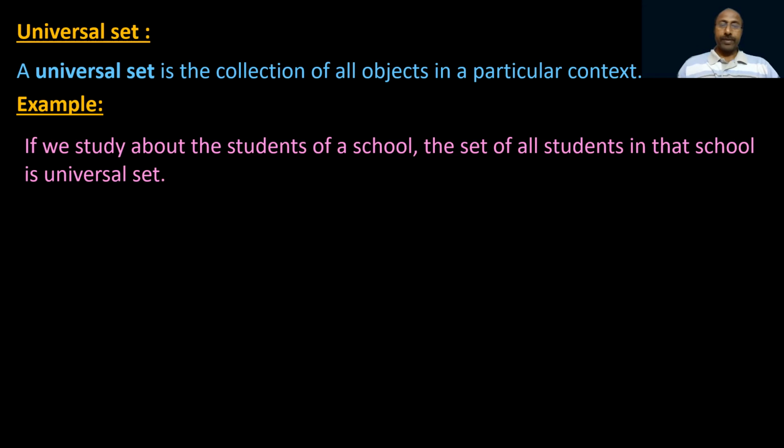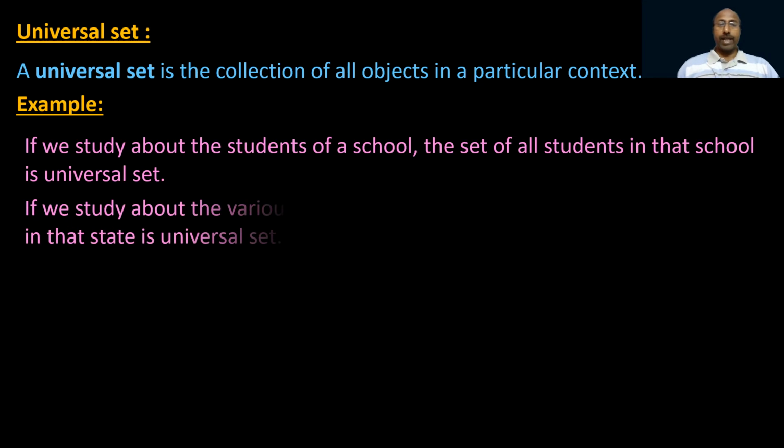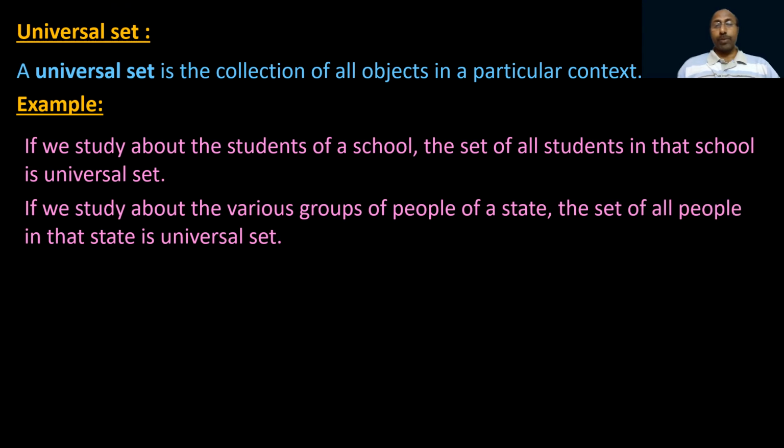Similarly, if we study about the various groups of people of a state, the set of all people in that state is the universal set. Like that, the universal set depends upon the context we are dealing with.